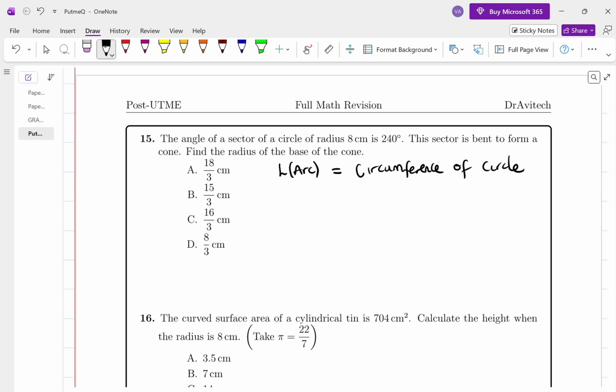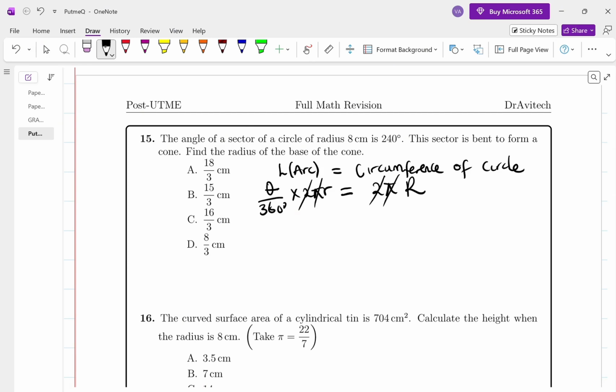So length of an arc is theta over 360 degrees times 2 pi r, equal to the circumference of the circle, which is 2 pi r. Notice that I didn't use the same r for both of them. I called one small r, one big r. Now you can also decide to solve for the length of the arc first, just solve for it carefully first. It's your choice. Okay, so one thing I would like to do here is cancel out 2, cancel out pi. That's the first thing I want to do.